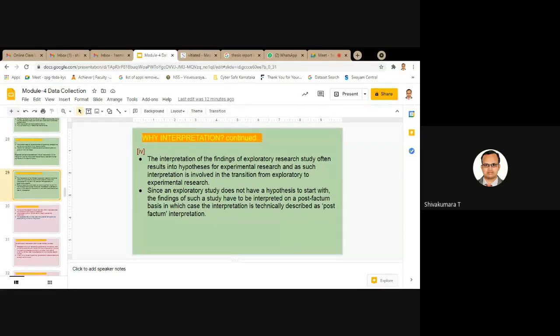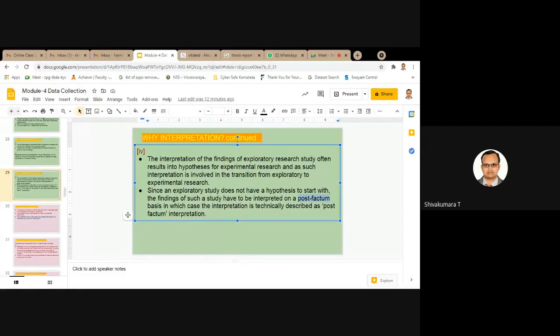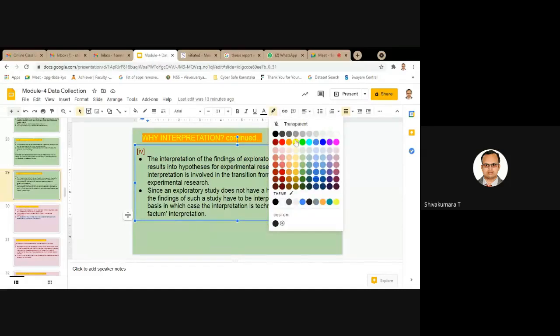Since an exploratory study does not have a hypothesis, how are you going to interpret what you are finding? It is termed post factum. Please note the term post factum. Post factum is the term for interpretation when you are trying to interpret your findings in an exploratory research study.